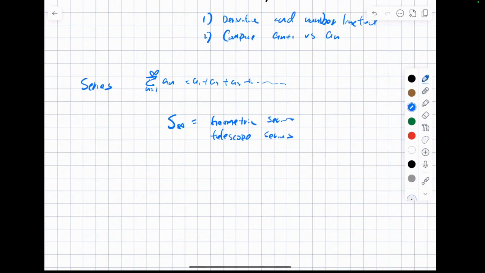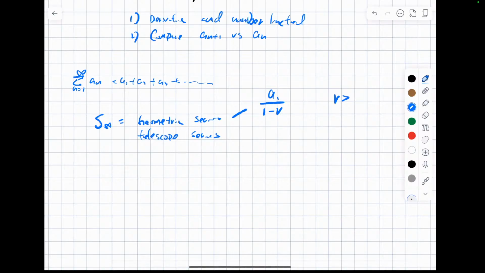So we can get telescoping series and geometric series. Geometric series is basically a1 over 1 minus r. And r has to be what? If the absolute value of r is greater than 1, it diverges. If the absolute value of r is less than 1, it converges. So we know this one.